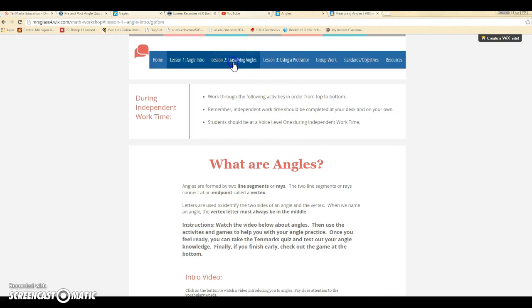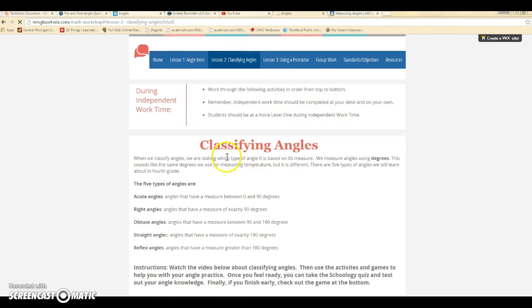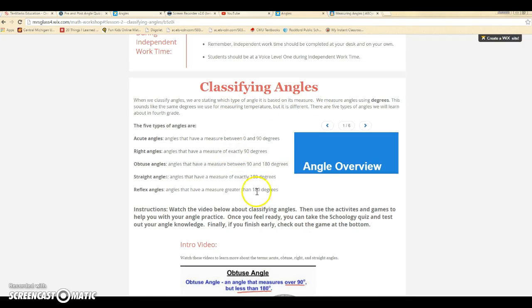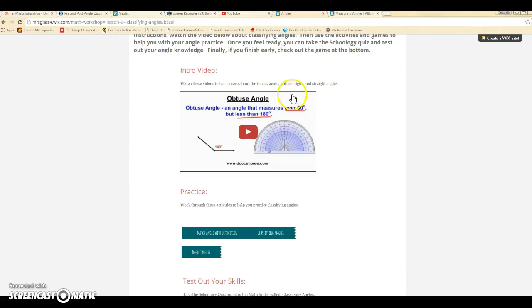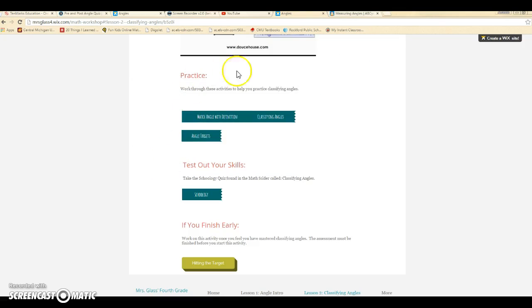Each of my pages is set up the same way, so the next lesson would be classifying angles, and they can go through this slide here to see different images of angle types. They have some instructions for what they're doing, and then again it's set up the same way. So a video, their practice activities, testing out their skills, and then if they finish early.